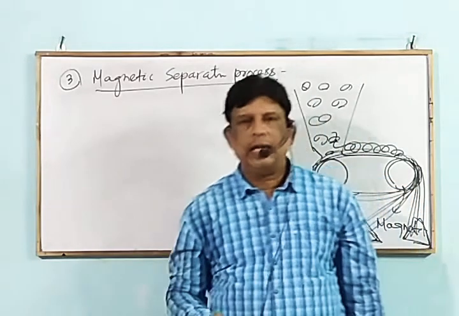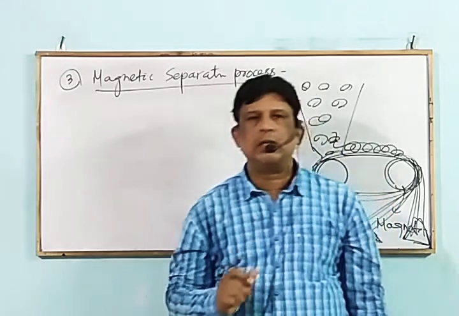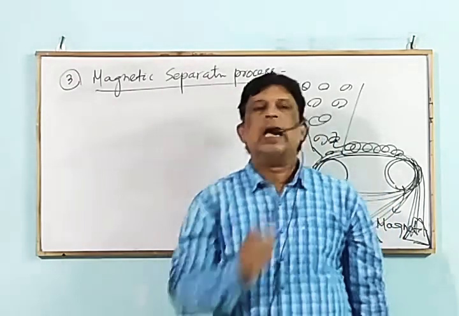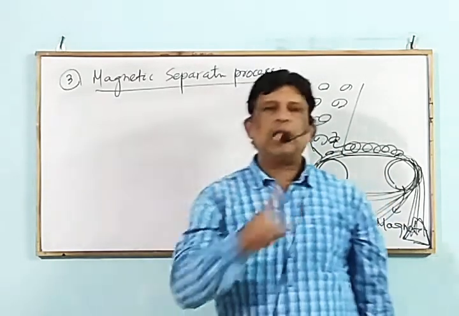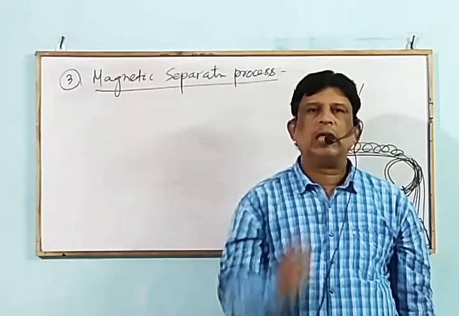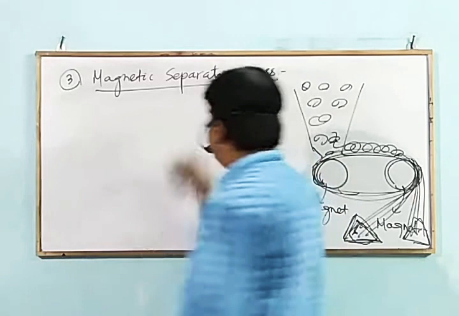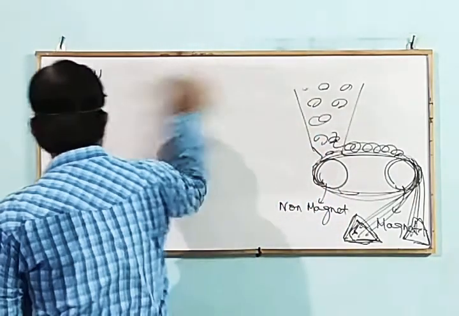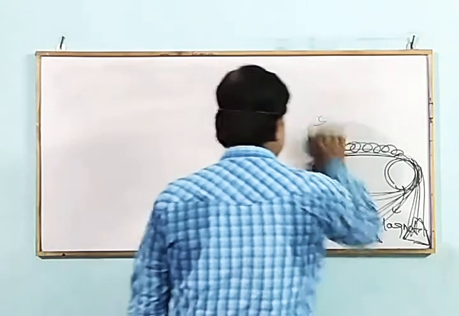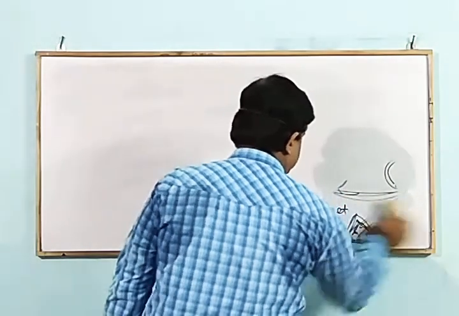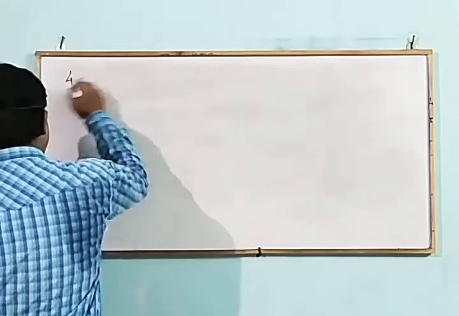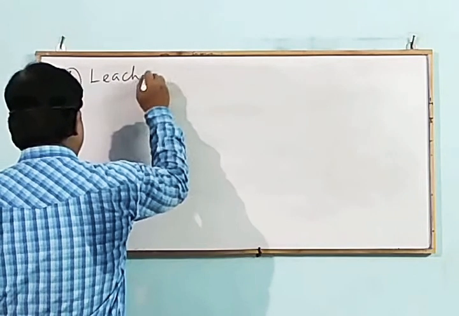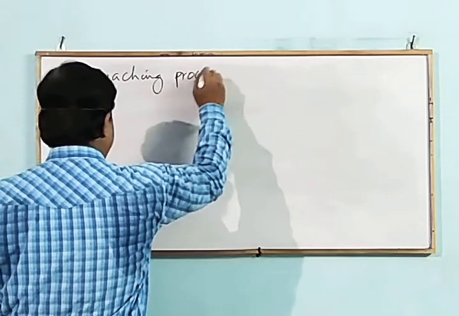If these three, that is the gravity separation process, froth flotation process, and magnetic separation process, fail for the concentration, the last one is the chemical process, which is known as the leaching process. Fourth one, leaching process.